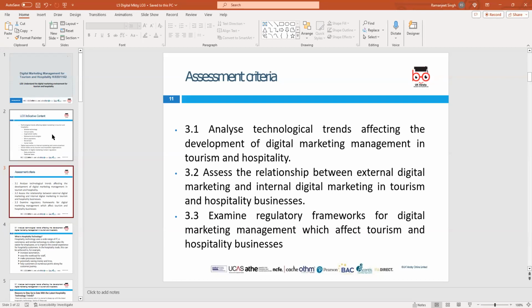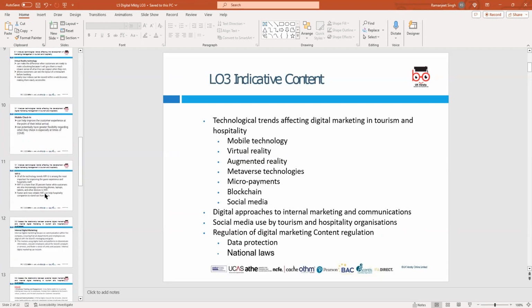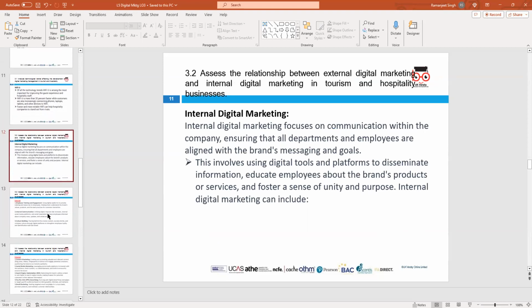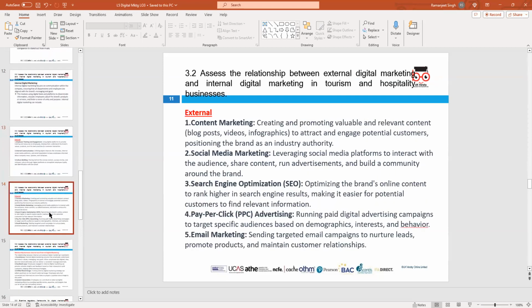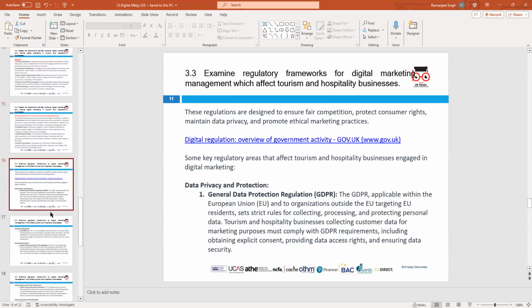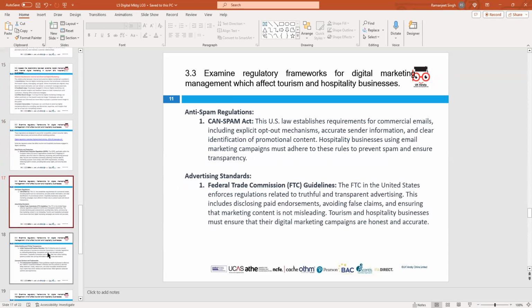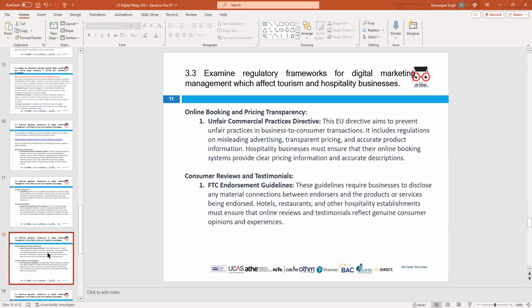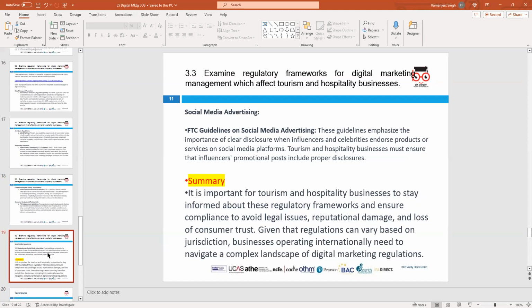And there is other legislation on digital platforms, digital advertising, the Anti-Spam Act, unfair commercial practices, the endorsement guidelines, and lots of social media advertising laws and so on.